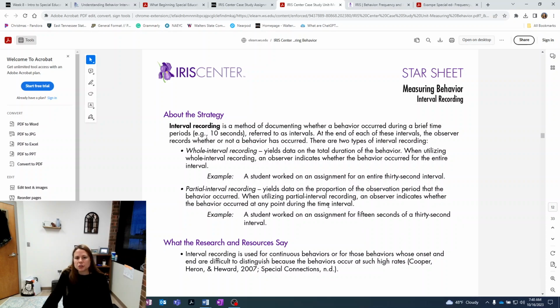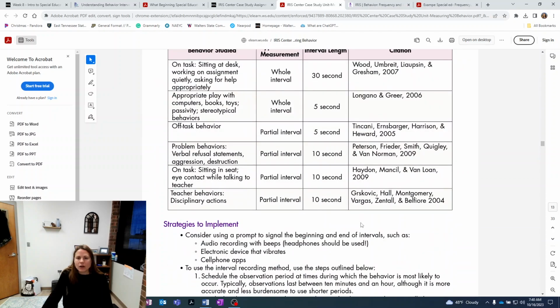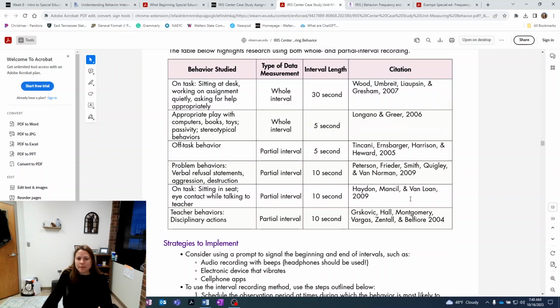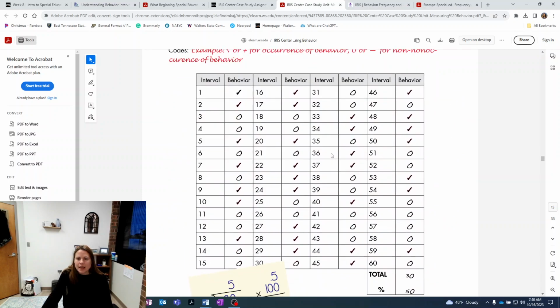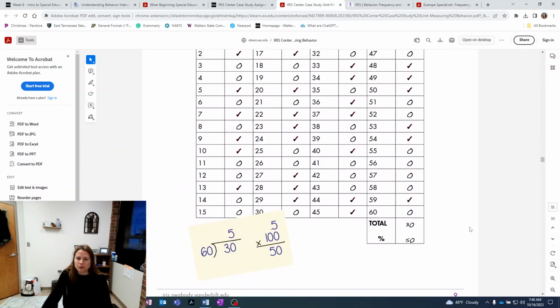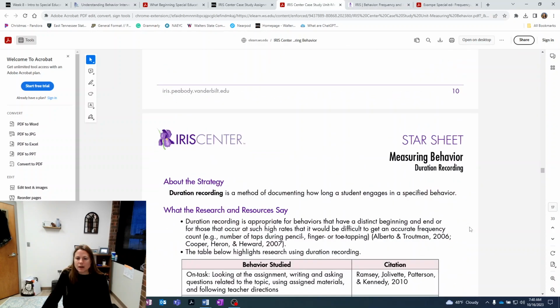So that's why we do interval recording. And if you scroll down, it talks more about the behavior. It gives you more in-depth on the two behaviors, right? And then it starts talking about different data collection. And then here is a more detailed example of coding the interval behavior, okay? So this is more in-depth, and that's why it's confusing.